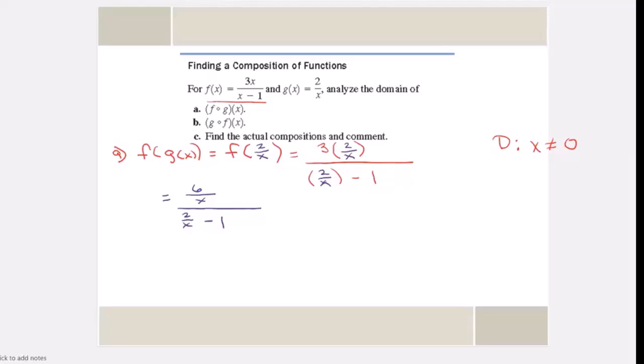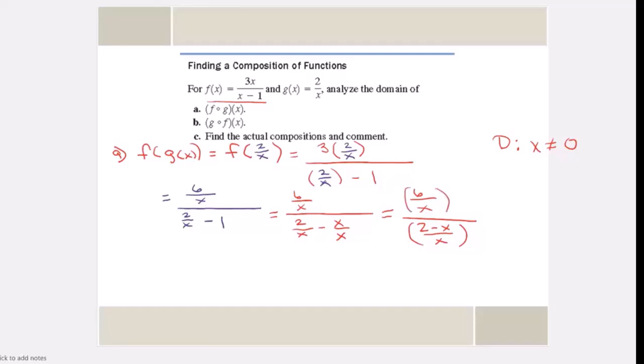X. So I leave my numerator alone, and I say this is 2 over x, because x is my least common denominator, minus x over x, because x over x is the same as 1, right? So this is equal to 6 over x divided by 2 minus x over x.